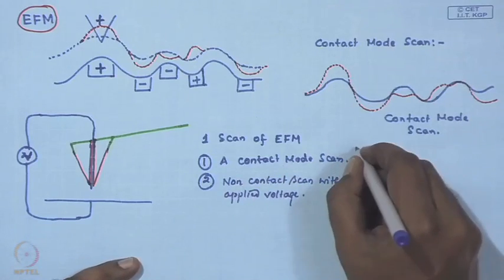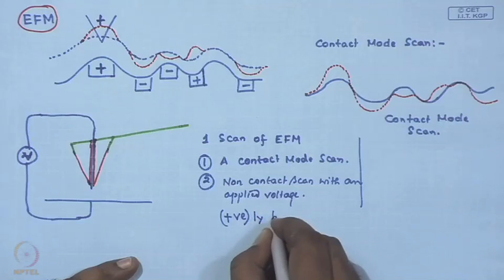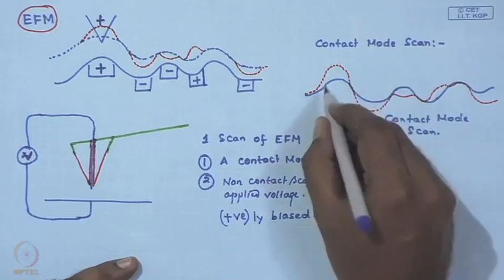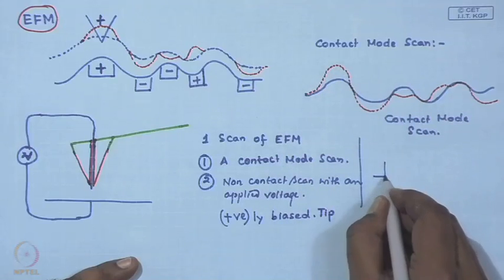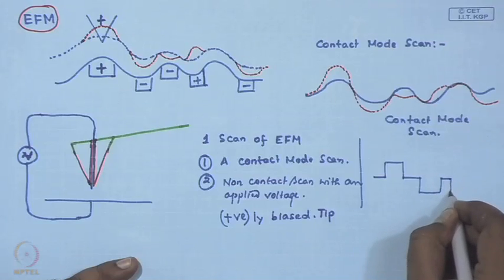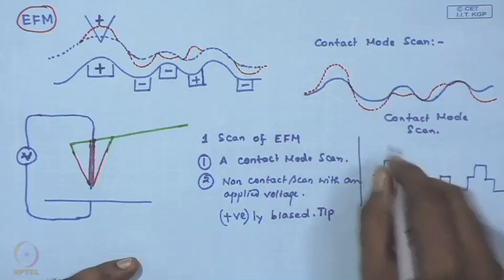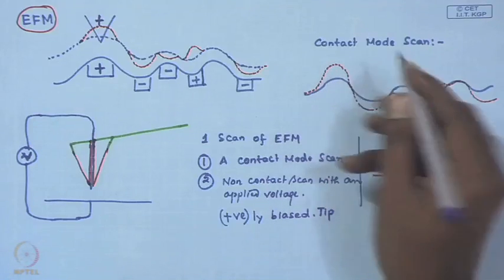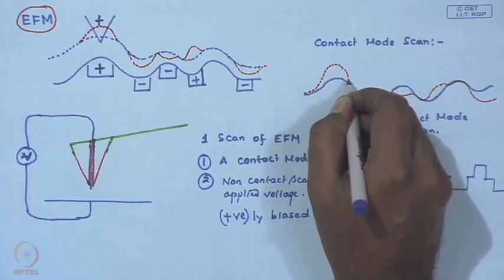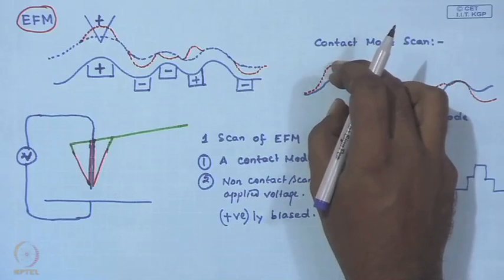So, when you do these two scans, let us say you know that you had a positively biased tip, then what you can find out from here is a map of the domains, or the electrical conductivity domains. You had a positively biased electrode. So this part must be positive, because over this area the non-contact scan shows a higher separation distance.